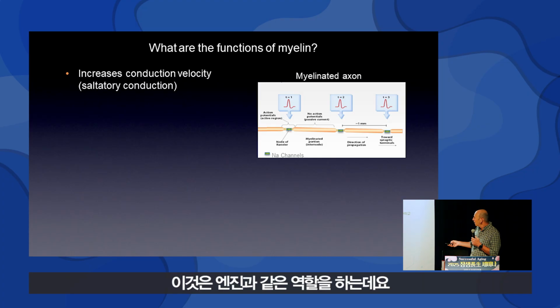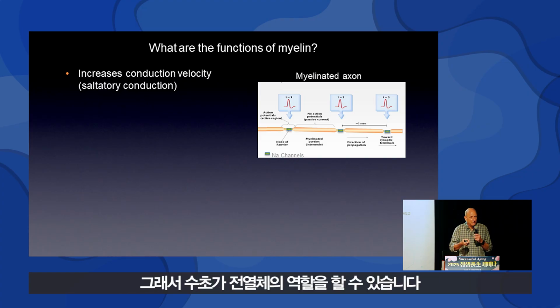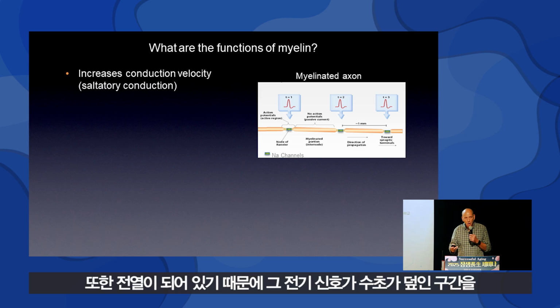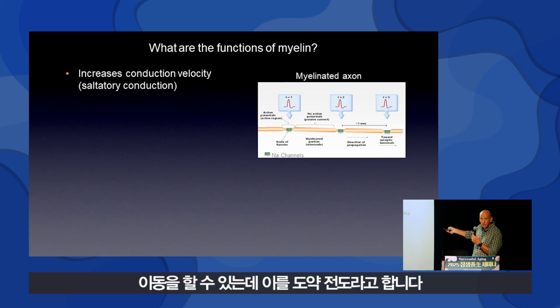And in these areas here, there are certain types of engines that allow the nerves to signal. These engines are called channels, sodium channels. So there are a lot of channels here at the nodes of Ranvier. And the nerve signal, since it cannot go here because this is insulated, will basically jump from here to here to here. And this is called saltatory conduction.